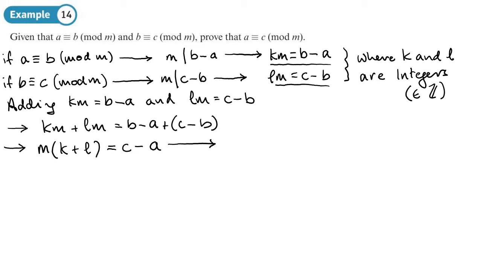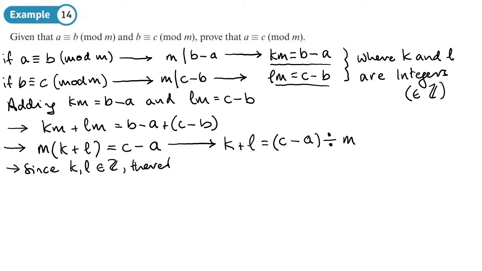So let's write this as K plus L is equal to C minus A divided by the modulus. Now, since K and L are integers, therefore K plus L is an integer.